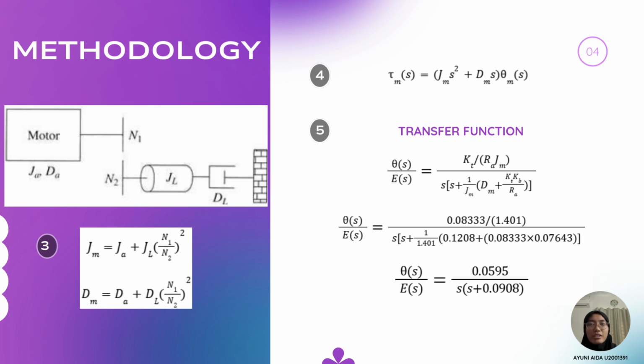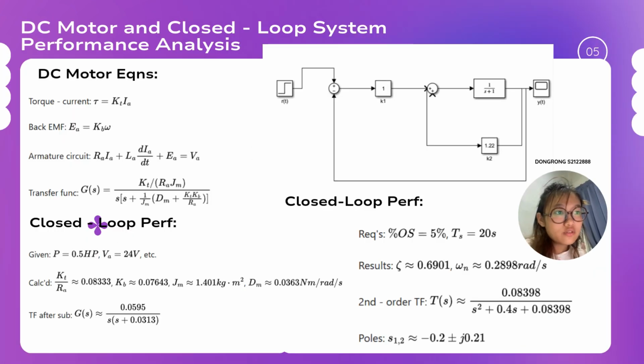This methodology established the theoretical foundation for designing and analyzing the control system, leading to the results and performance evaluation in the next session. DC motors involve equations such as those for torque, current, back electromotive force, and armature. The code for this transfer function is derived after substituting the known parameters.